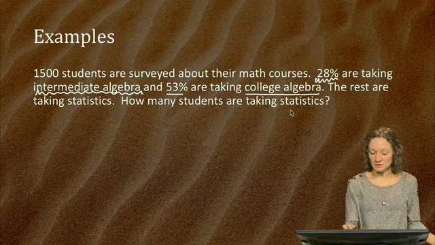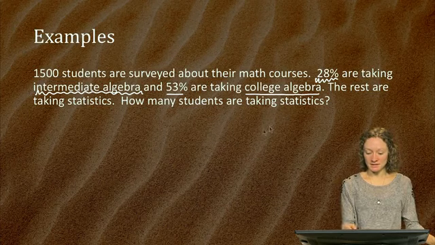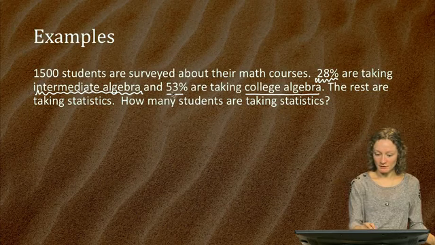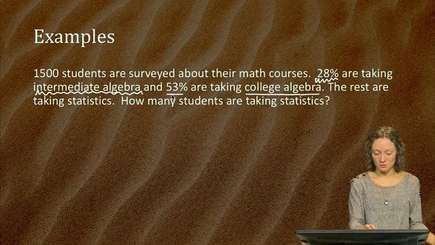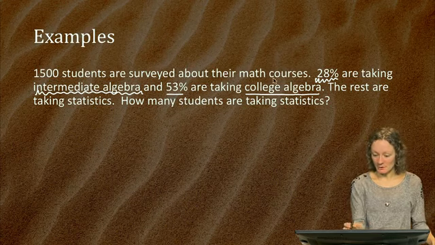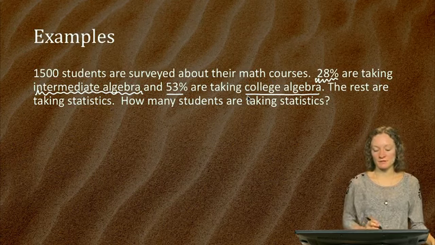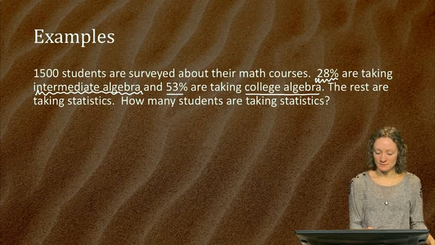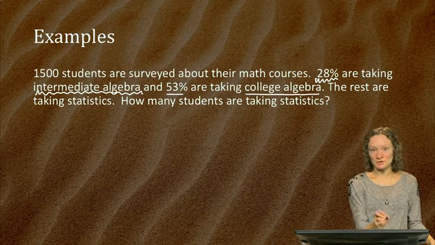So how many students taking statistics would be the percentage left over from 28 and 53. There has to be 100% students surveyed about their math courses. They're all taking one of these 3. I realize there could be more answers, but we're going to assume they're taking one of these 3. And it's that percentage of students taking statistics.